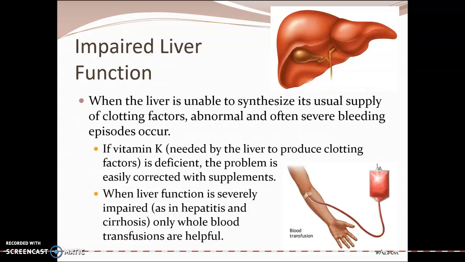Vitamin K is needed to produce clotting factors, and that's something your body actually produces itself. If there are liver problems or liver function damage, then that can affect it too, which will affect your clotting and your ability to stop blood from flowing.